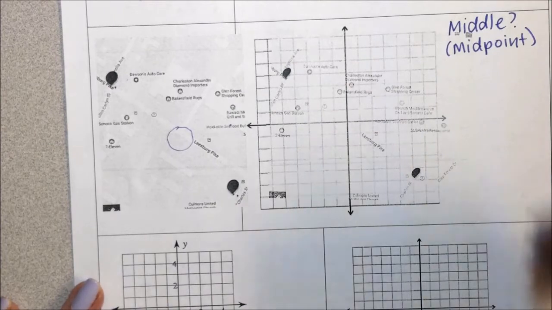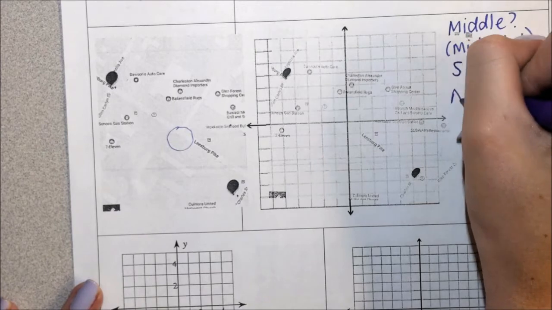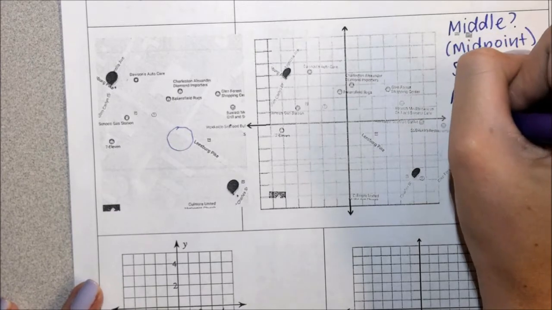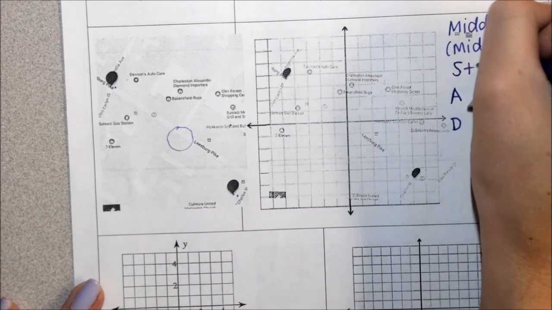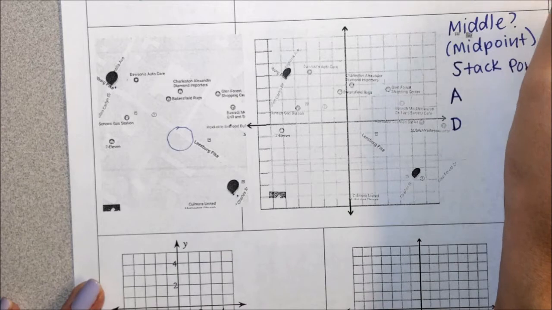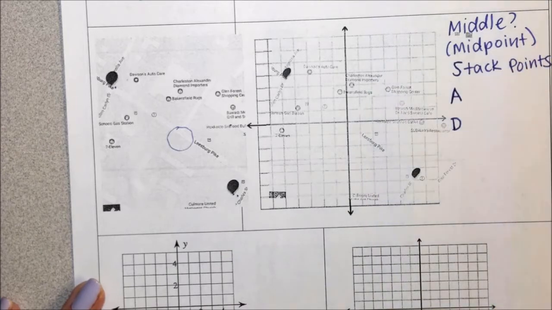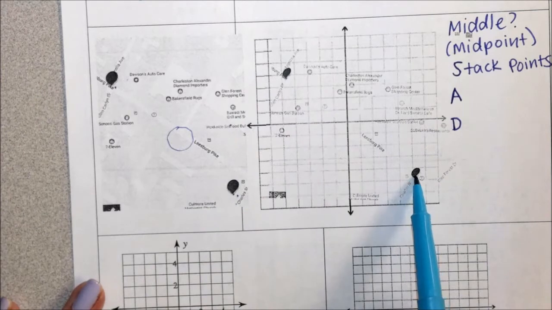So our formula for this is going to be an acronym, SAD, but you want to stack your points. So if we do this alongside, I'm going to stack these points. So first I need to count it.